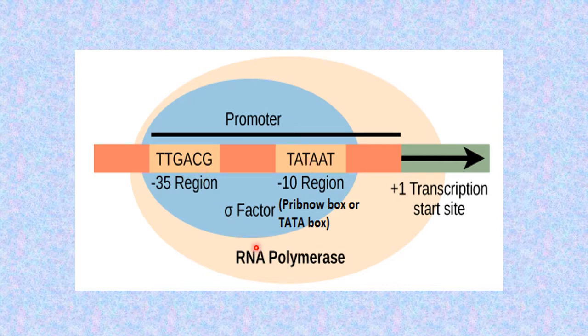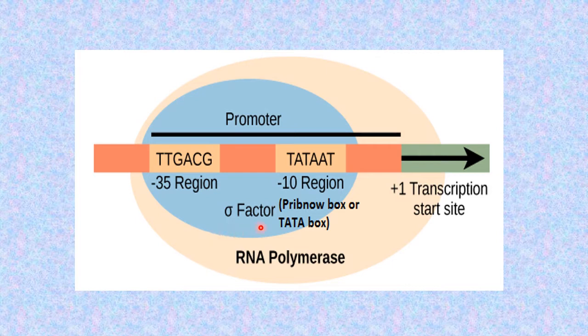So the sigma factor, which is produced as a result of the different signals present in the environment, recognizes a specific promoter, that is the promoter specific for a particular gene, and it attaches itself.